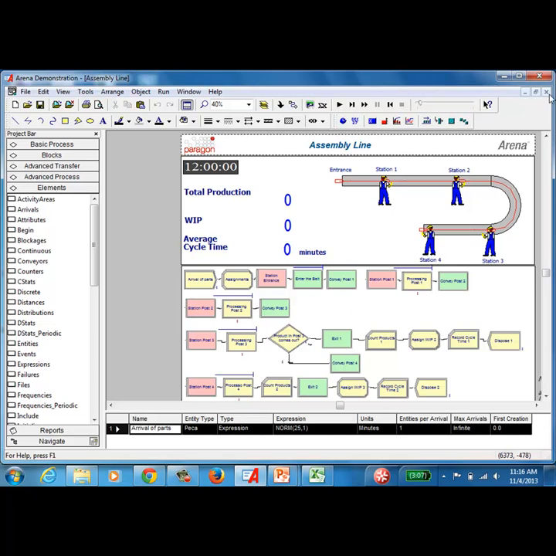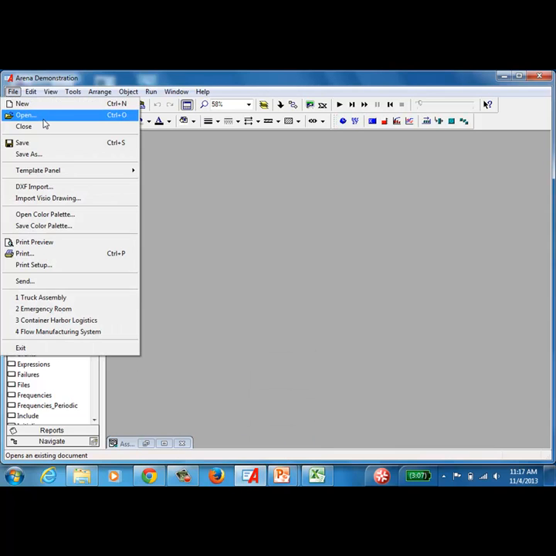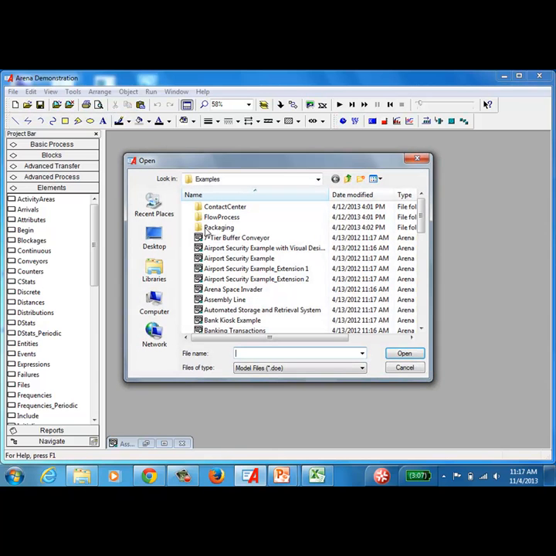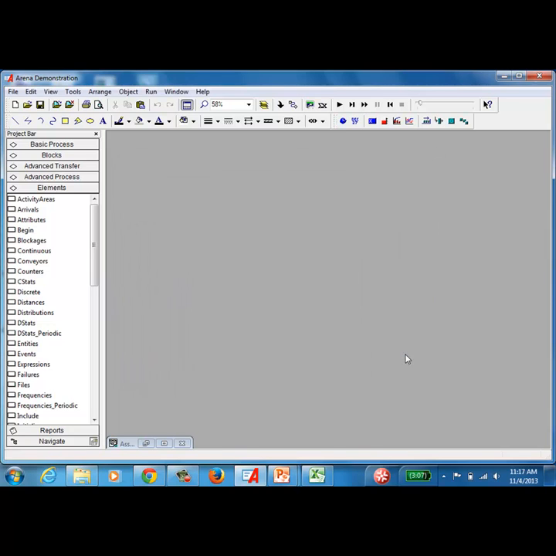Basically, we use the concepts from probability not only for the inputs, but also for the output analysis. There's an example here from the auto industry.